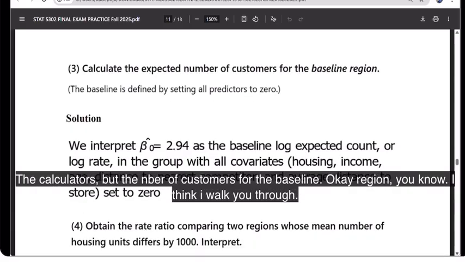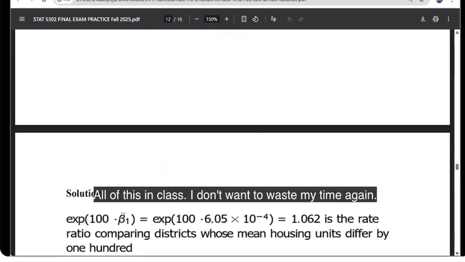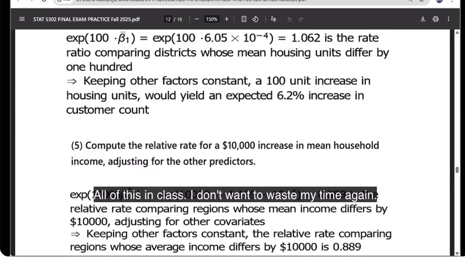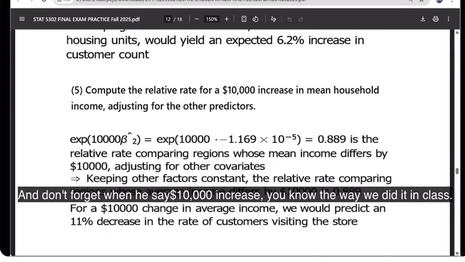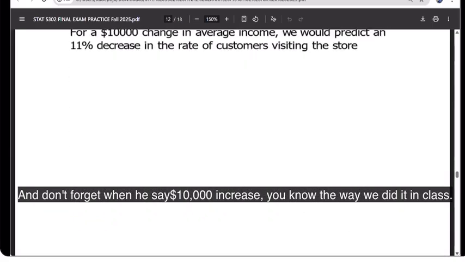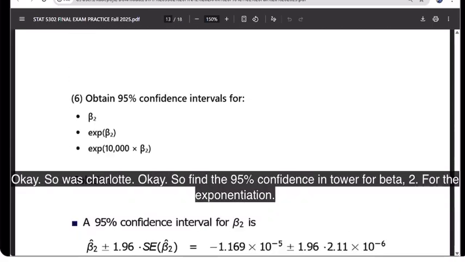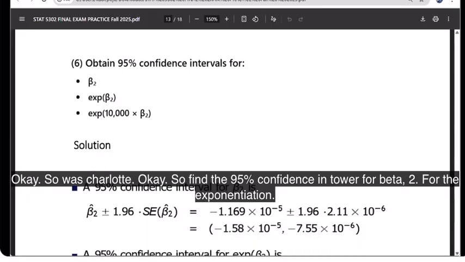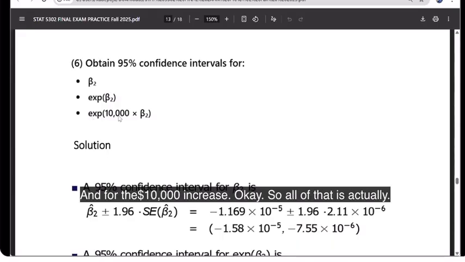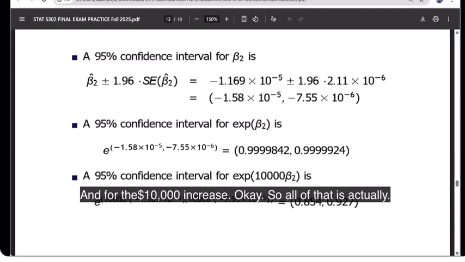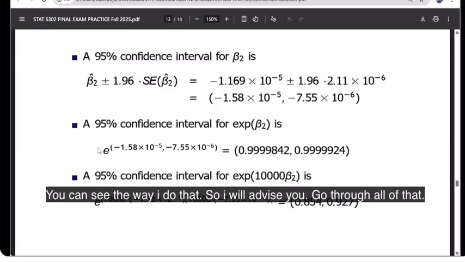I think I walked you through all of this in class. I don't want to waste my time again. And don't forget when they say $10,000 increase, the way we did it in class, watch out. Find the 95% confidence interval for beta 2, for the exponentiation, and for the $10,000 increase. All of that, you can see the way I did that. So I will advise you to go through all of that.